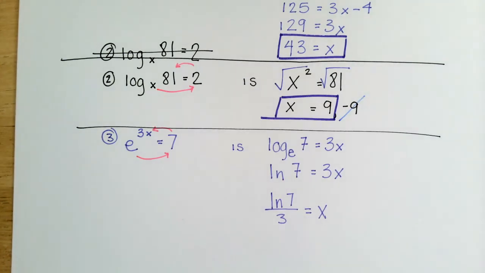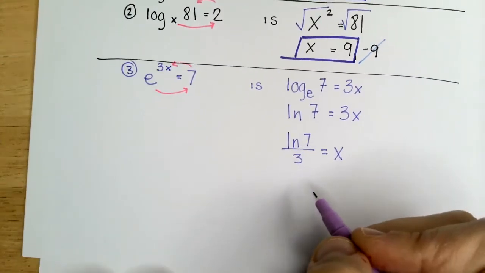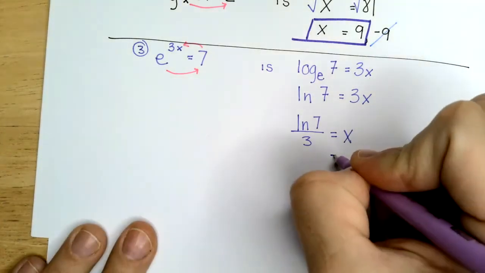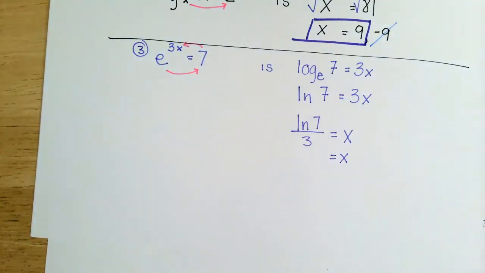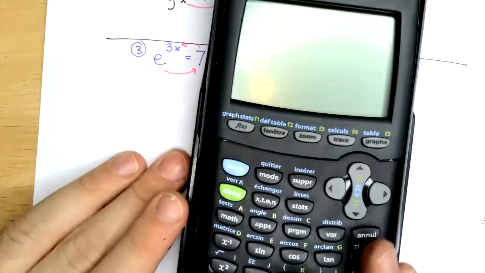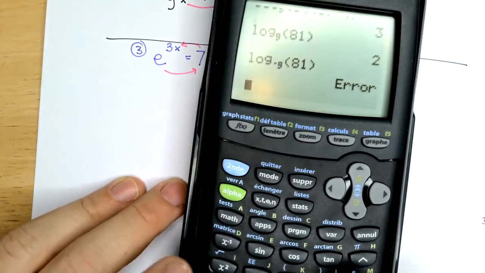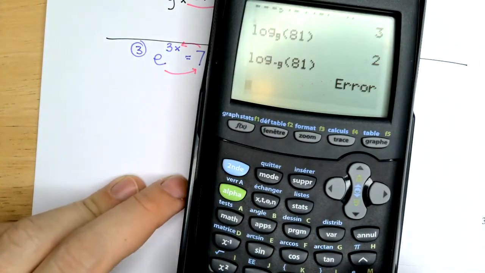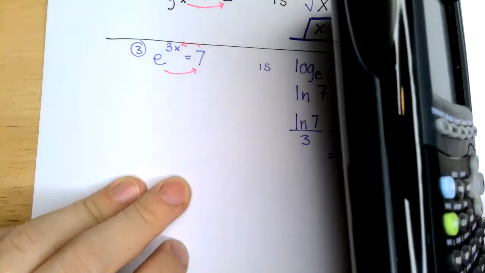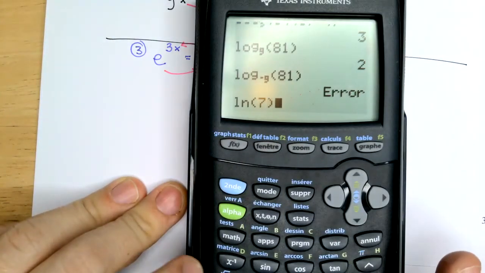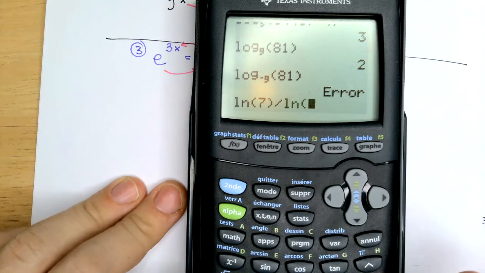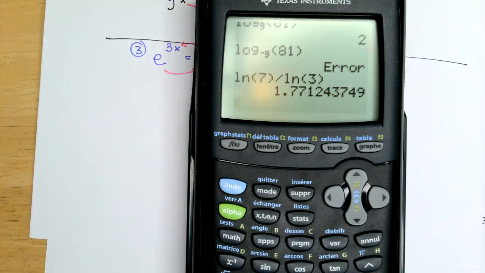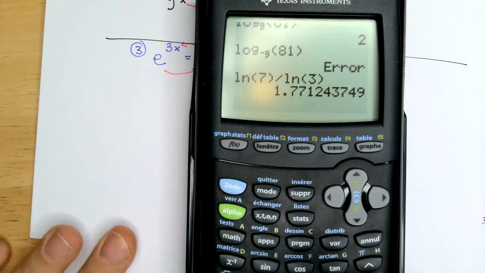And then I can either leave it like that if they want an exact answer, or I can say x is natural log of 7 divided by 3. Sorry, it was not supposed to be natural log of 3, it's just regular 3.